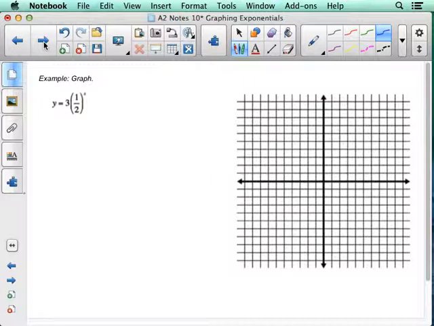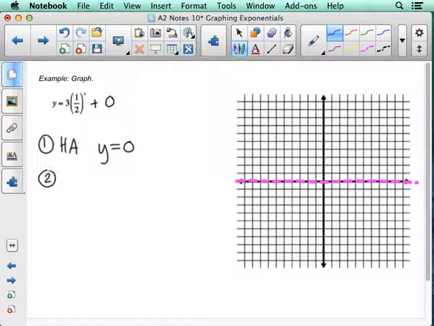Let's look at another example here. So remember, first, I need to identify my horizontal asymptote. There's nothing being added here, so that's plus 0. So my horizontal asymptote is y equals 0 again. Remember, to write the equation of a horizontal line, it's always y equals, and then the number. Second, I want to find my y-intercept.